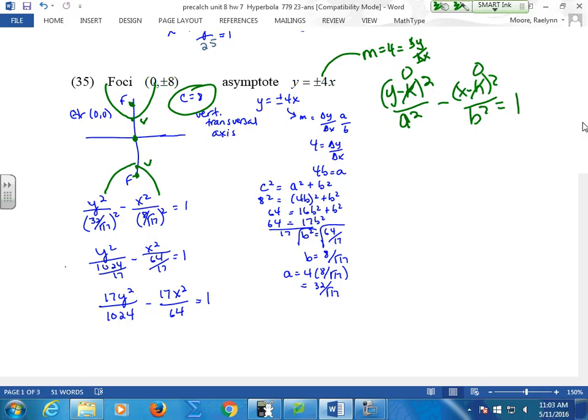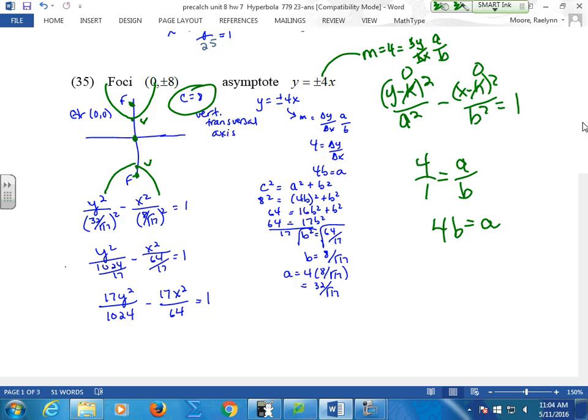I look under y. I don't have a number there. I just know that it's the square root of a. I look under x, and I see it's the b. I don't have a number, but it's the square root of b squared. So right now, I'm looking at this. So I cross multiply, and I get 4b is equal to a.